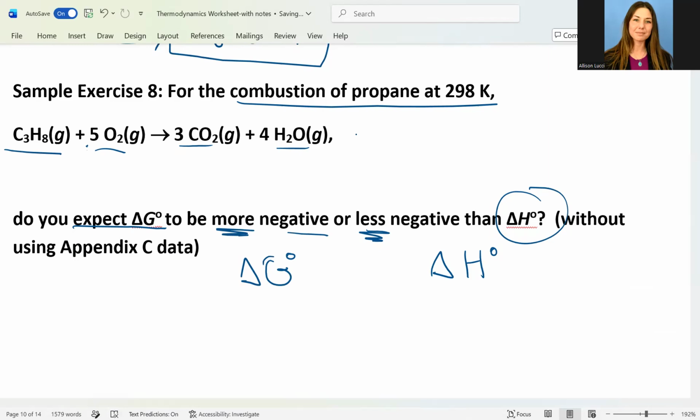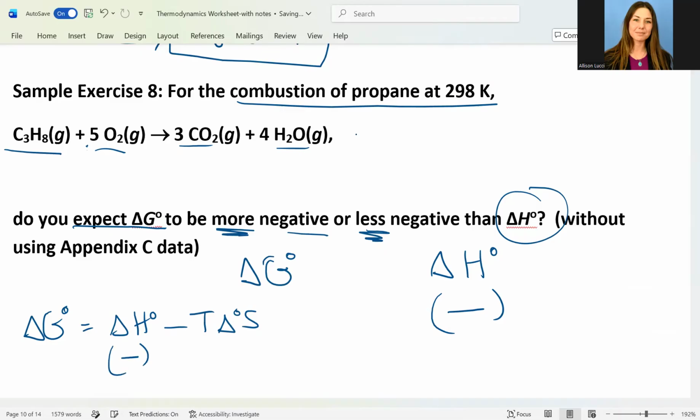Well, we are told that we have a combustion reaction, so we know that that will always be a negative delta H. And delta G here is the difference of our enthalpy term and our entropy term. If this is negative and then we subtract, however we can approximate the entropy change here, let's take a look at the moles of gas.